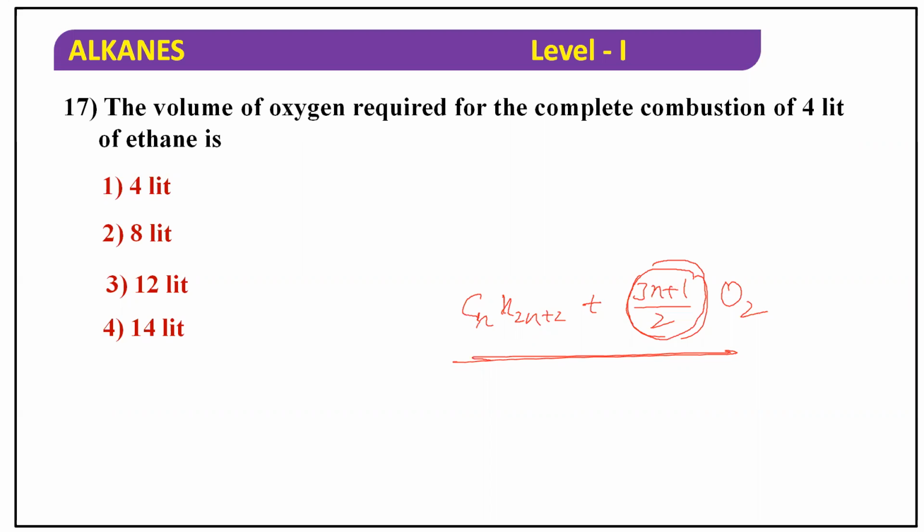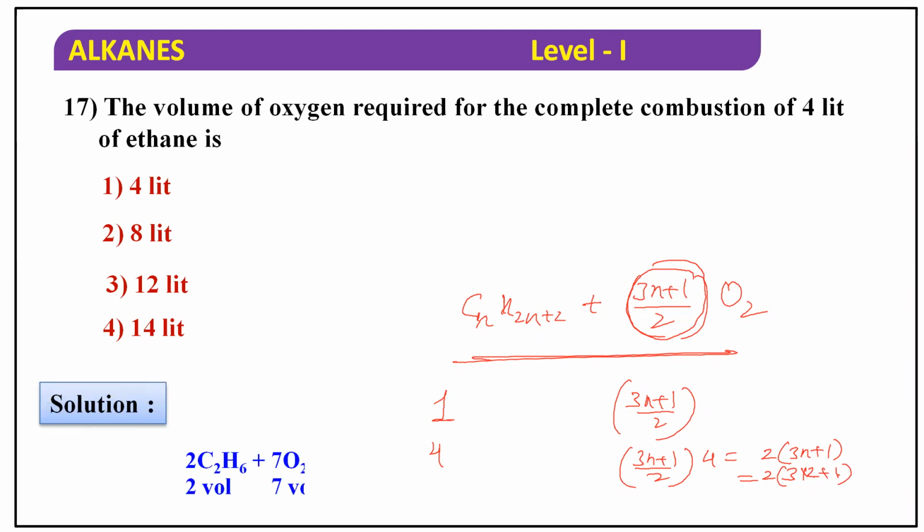So how much will it be? For 1, we need (3n+1)/2. For 4, how much do we need? (3n+1)/2 into 4. How much will it be? 2 times (3n+1). What are they asking? Ethane, n is 2. So 6 plus 1, 7, into 2. So how many liters do we need? We need 14 liters.